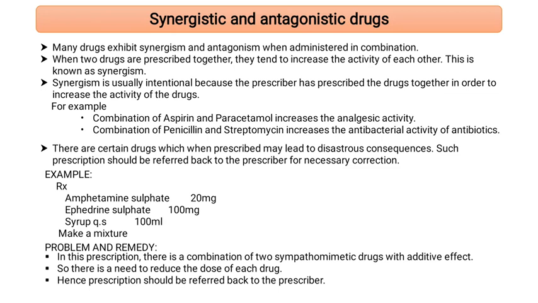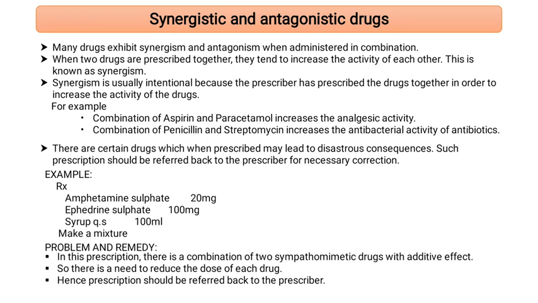That is, if we take aspirin and paracetamol together, it will increase the analgesic activity. Then we know penicillin and streptomycin are two antibiotics. So if we take penicillin and streptomycin together, it will increase the antibacterial activity.